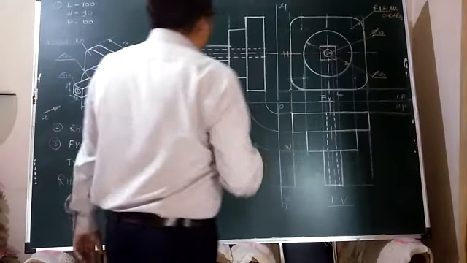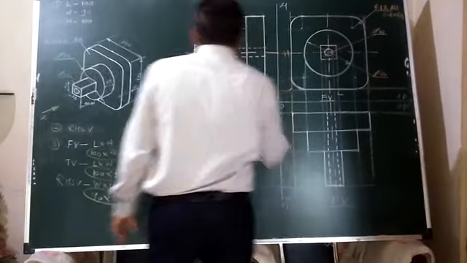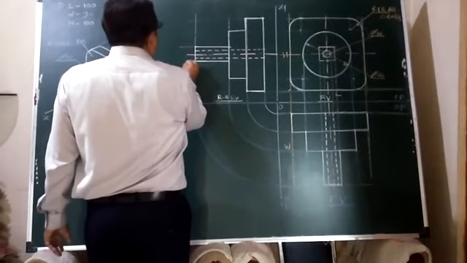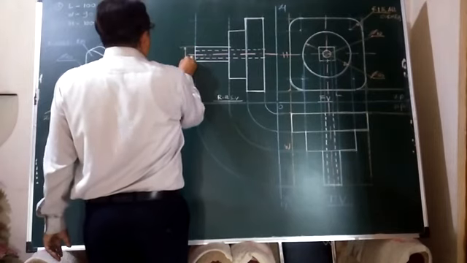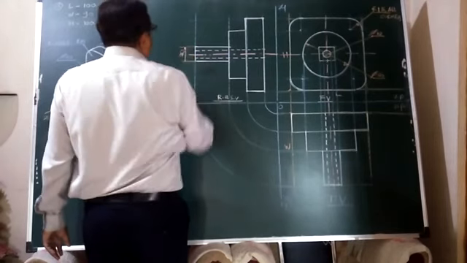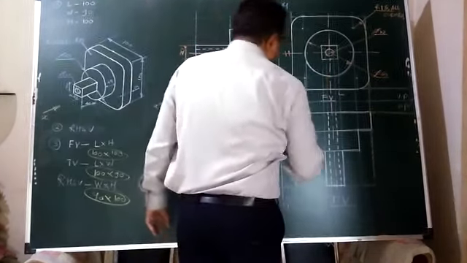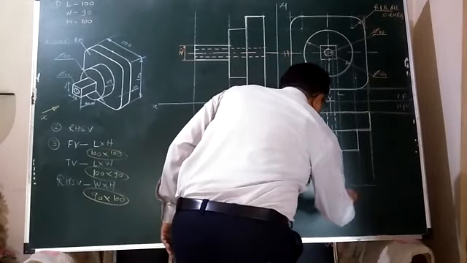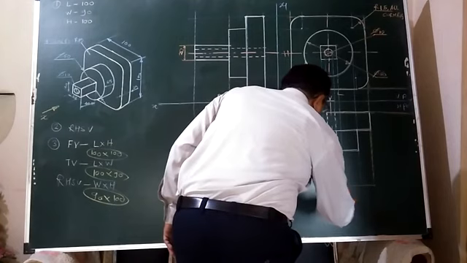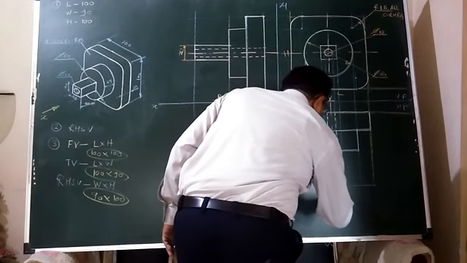Now square, the height of the square rod we will finish inside. How much it is? 20 mm. Similarly, its width that I will show you. It is again 20.